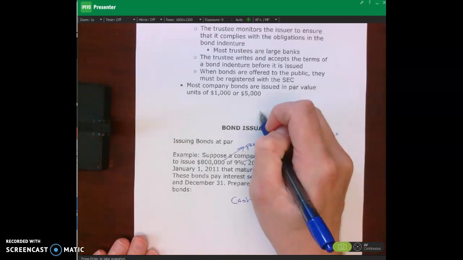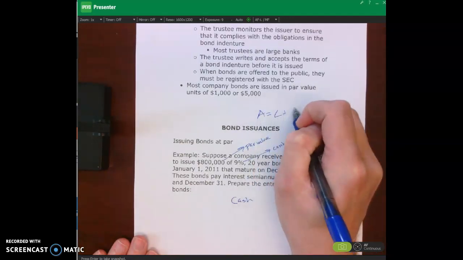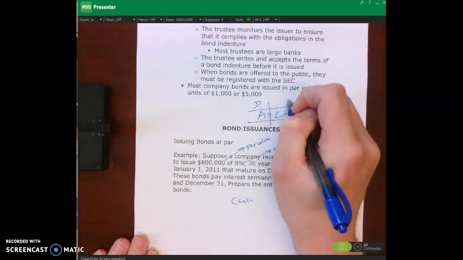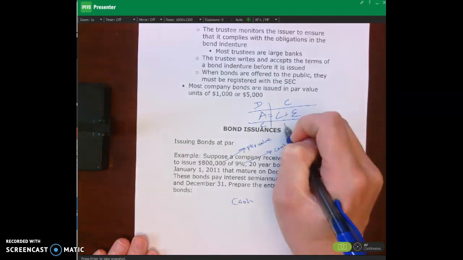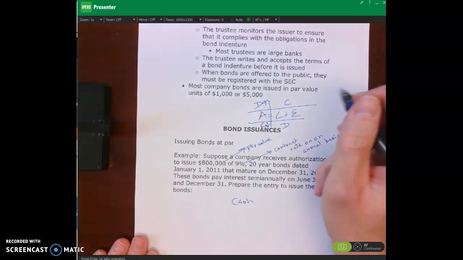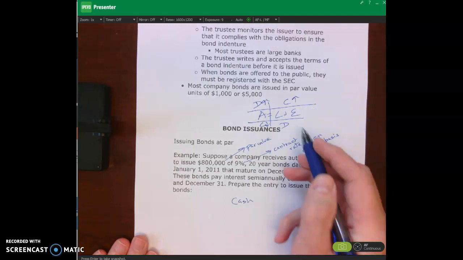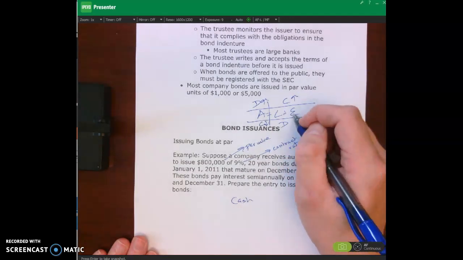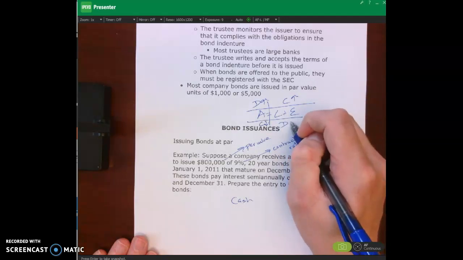Remember our accounting equation up here. We have our debit, we have our credit, and then we have our credit, and then we have our debit. Debits increase assets, credits decrease assets, credits increase liability and equity accounts, debits decrease liabilities and equity accounts. Okay?